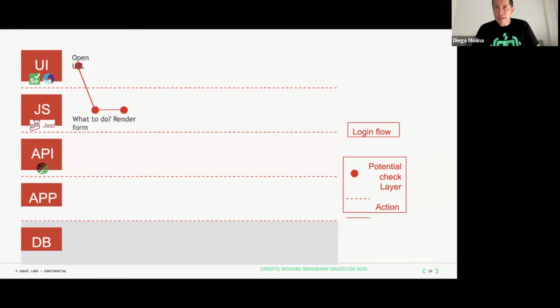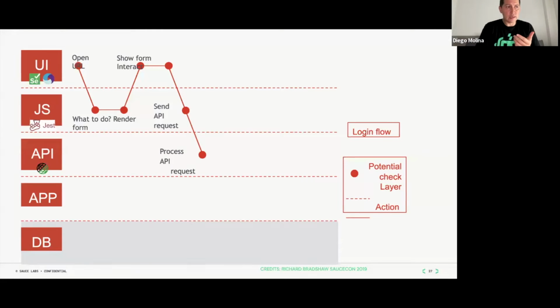What happens after that action is that the browser renders what we're doing, and then we show the result of that action at the UI level. Then we continue. We send an API request because we want to log in in this case. The request goes all the way to the API, and the application verifies that the user is valid, the password and all that, and returns a token for the session during the time we're going to be living in the application, right?